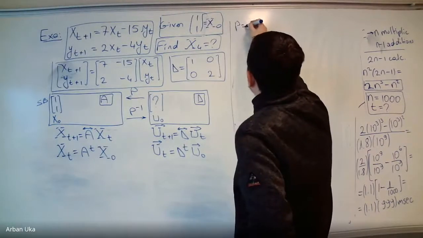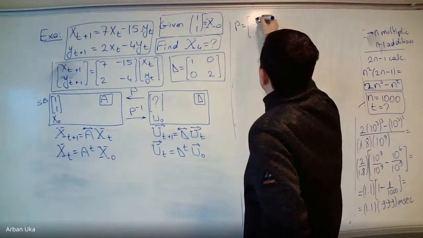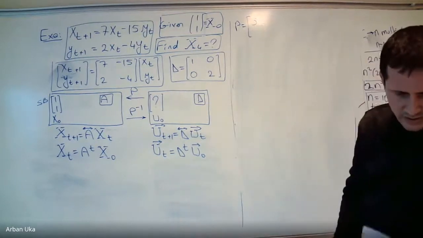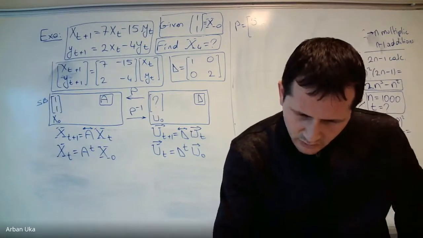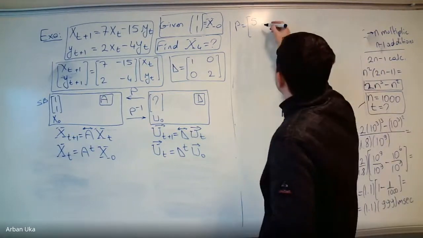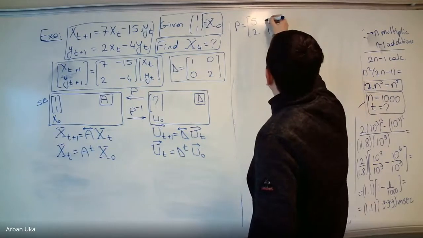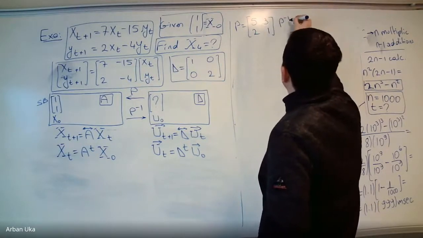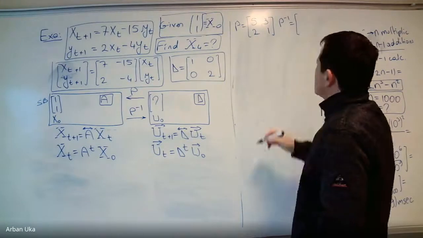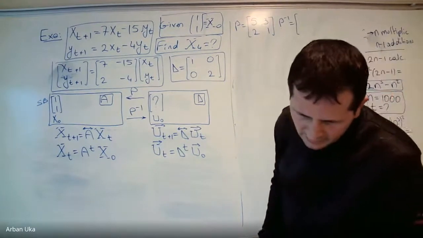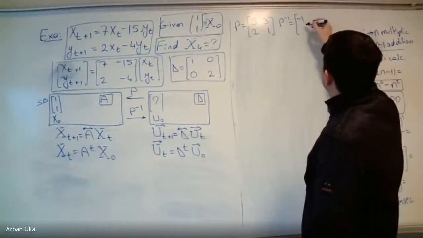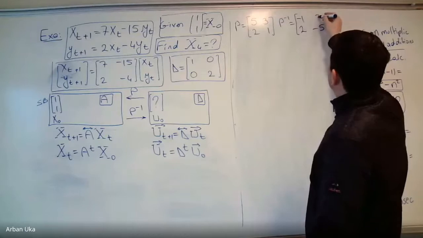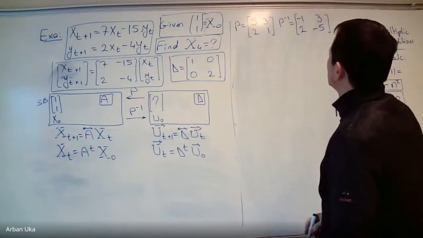So first of all, we need the matrix P, and matrix P is equal to, I believe we have solved this before, 5, 1, 2, 3. Okay, this is 5, 1, 2, 3. And we need also P inverse. The P inverse will be equal to -1, -5, 2, 3, because the determinant is equal to -1.